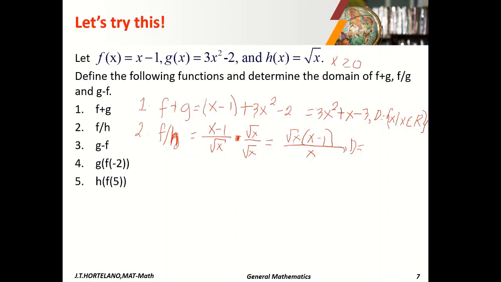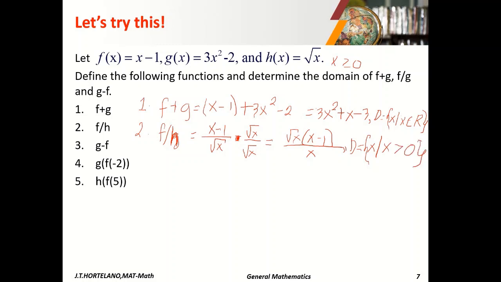Now, ano ngayon ang magiging intersection nila? So, since real numbers naman sa linear, so ibig sabihin lahat pwede magamit, i-exclude lang natin yung restriction natin dito sa h of x. So, since ito ay greater than or equal to 0, lahat ng positive na number. The problem is we have x in the denominator, so we must exclude also the 0. Therefore, the domain of this resulting function is set of all x such that x is greater than 0.